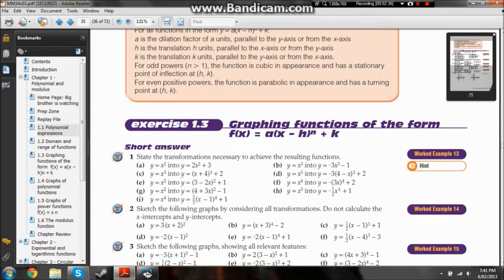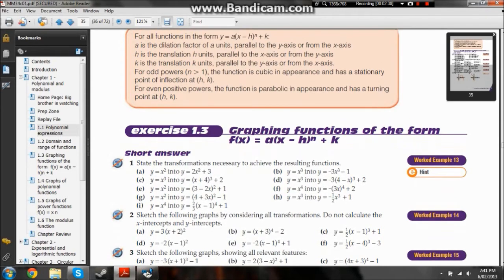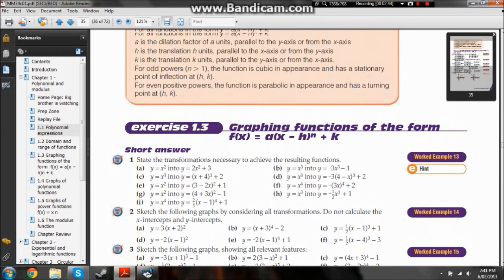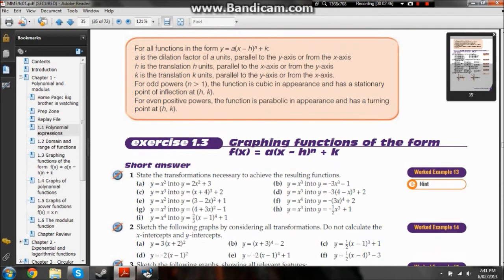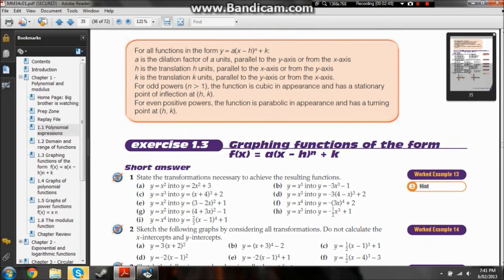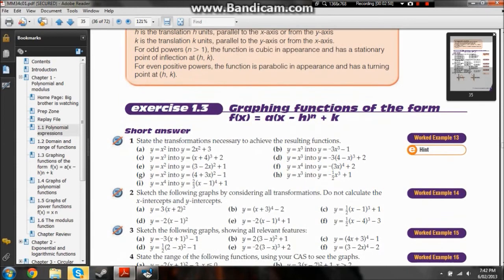Because this is plus 4, it's negative 4. So the turning point would be at negative 4 on the x and positive 2 on the y. So yeah, you look at this equation and it fits into the same form as that. You say, oh well, there's no a in this one, but there is an h and there is a k, and you say, what do h and k do to the graph?